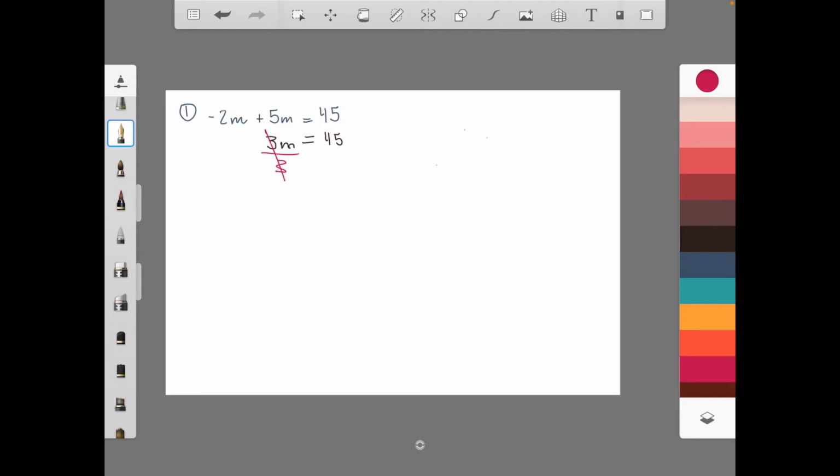We have to do the same thing over here. So 45 divided by 3 will be equal to m, and 45 divided by 3 is 15. That is going to be our very simple first exercise.